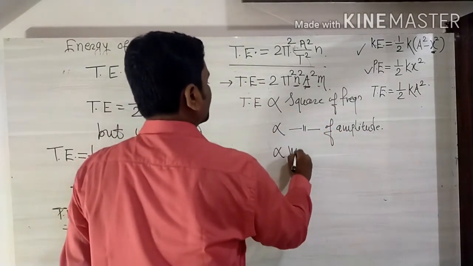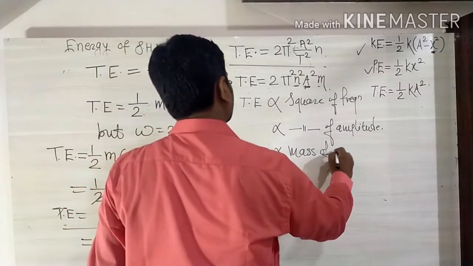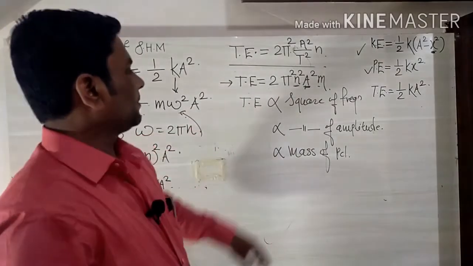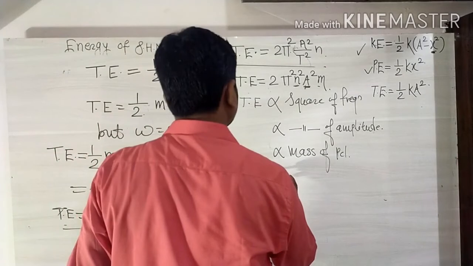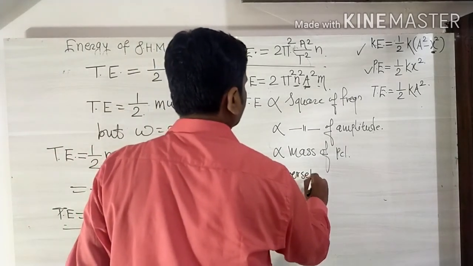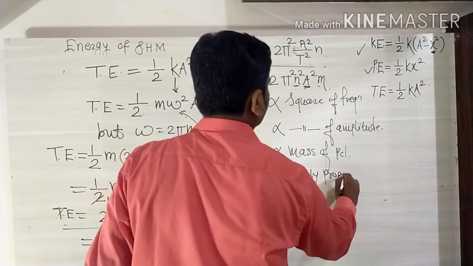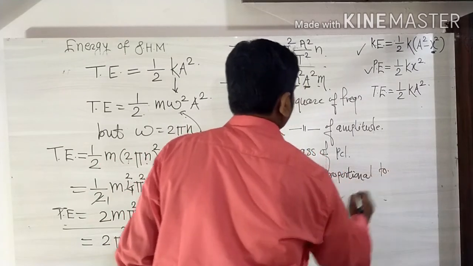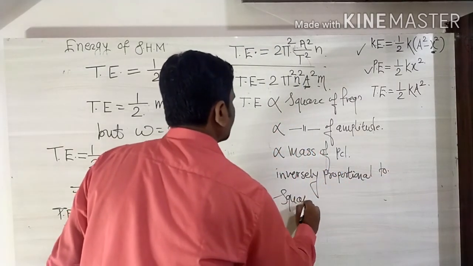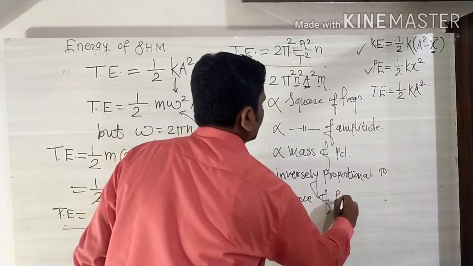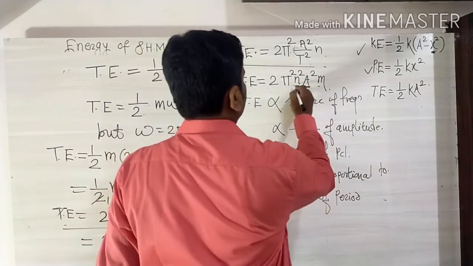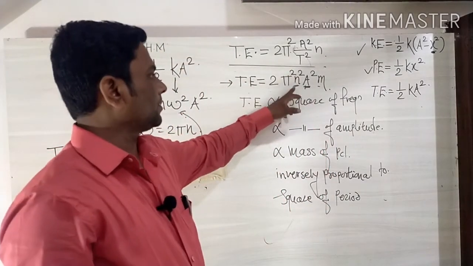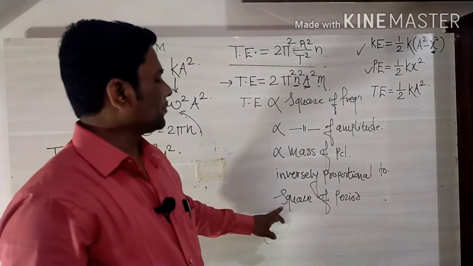Also it is directly proportional to the mass of the particle. It is also inversely proportional to the square of the period, because we know that n is equal to 1 upon t. So n square is equal to 1 upon t square. So total energy is inversely proportional to t square.